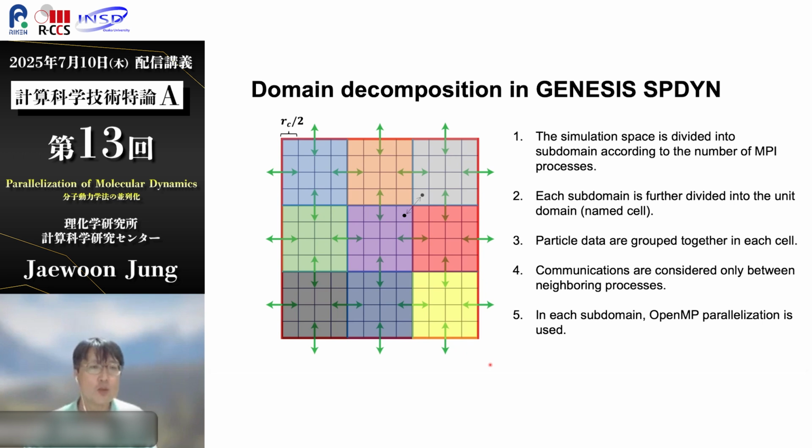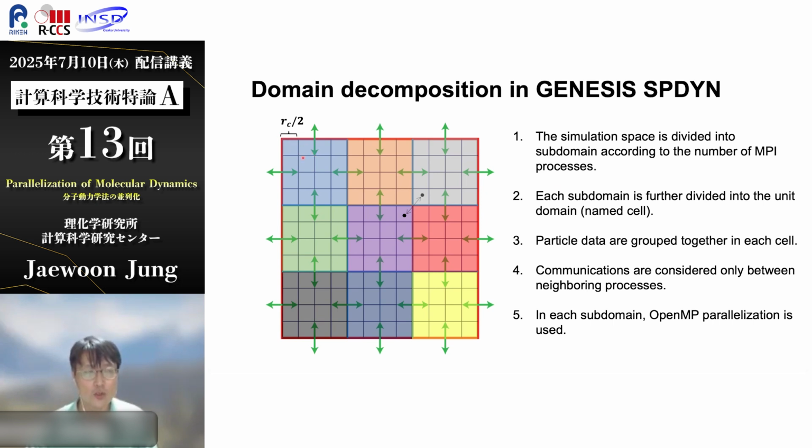And we are making use of domain decomposition. Also in GENESIS, we have a simple parallelization scheme using the replicated data method. I will not explain it in detail, but one thing I can say is that the whole space is divided into subspaces according to the number of MPI processes. And this space is again parallelized by OpenMP. And even within this space, we make some unit domain spaces named cells.